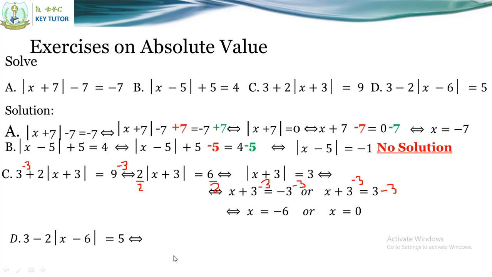The last thing you want to see is 3 minus twice the absolute value of x minus 6 is equal to 5. So as usual you subtract 3 from here, to eliminate a constant from both sides.